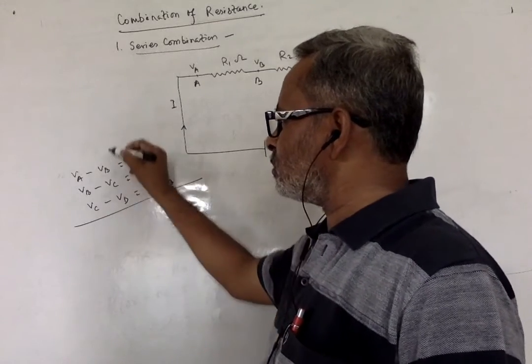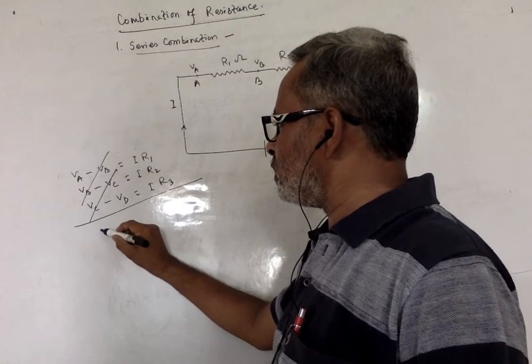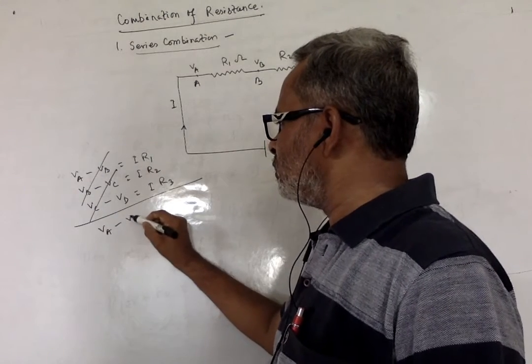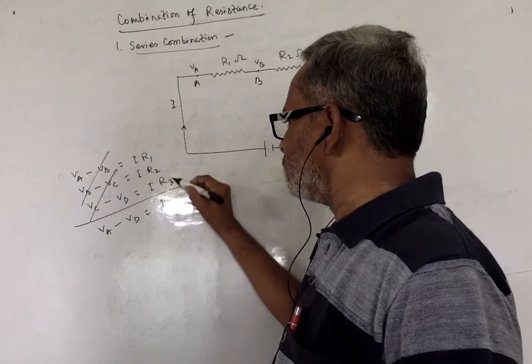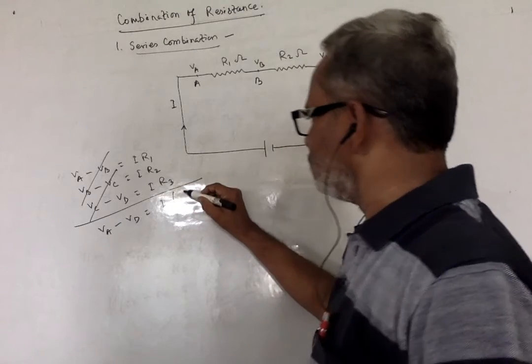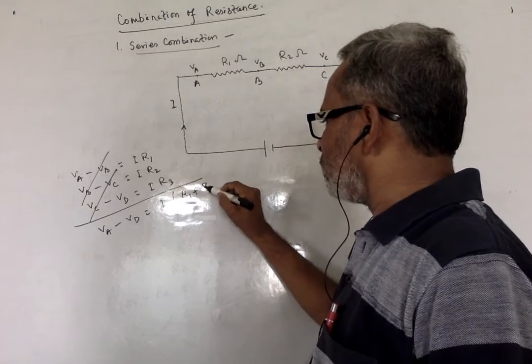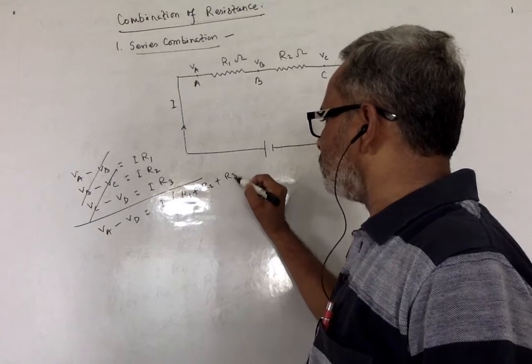Taking summation, VA minus VD equal to I (R1 plus R2 plus R3).